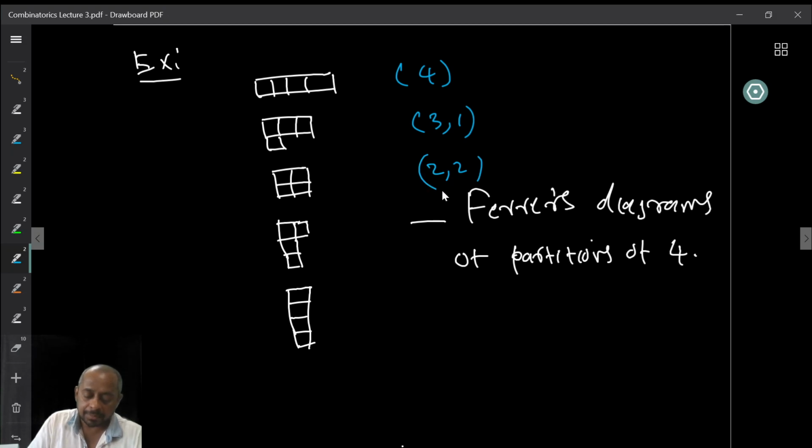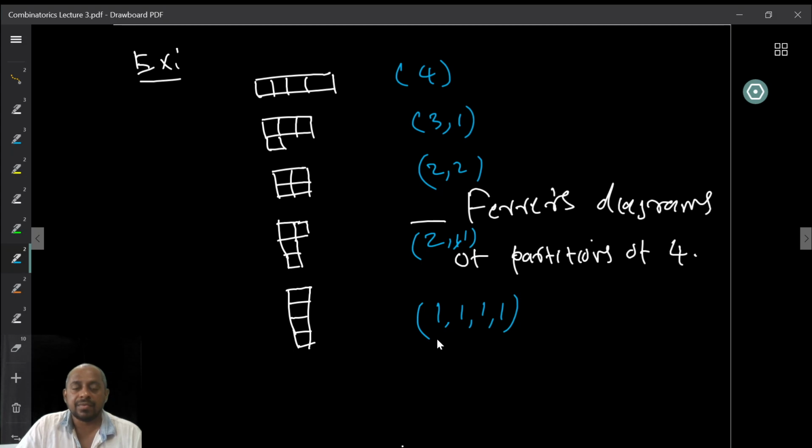The fourth diagram represents the partition 2, 1, 1. And the last diagram represents the partition 1, 1, 1, 1. These are precisely the 5 different partitions of 4. So the Ferrers diagram represents the partitions of numbers like this.